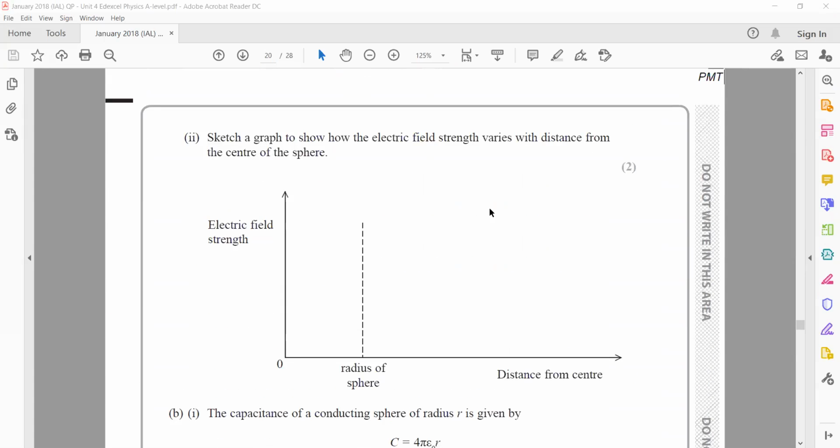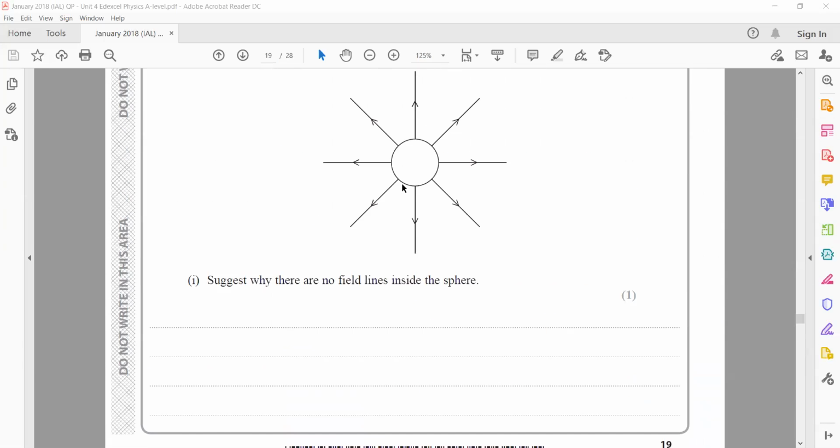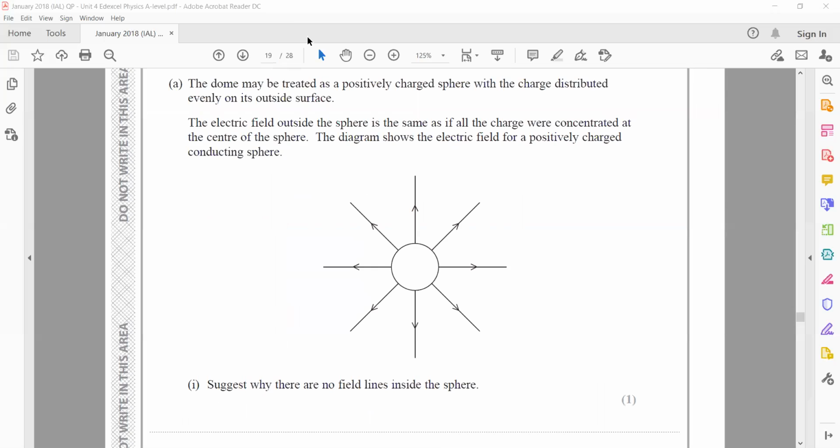Then sketch a graph to show how the electric field strength varies with the distance from the center. This is the radius. Within the sphere, up to the radius, there is no electric field. After that, the electric field will vary, and we know for a point charge the electric field is kq over r squared, so it follows the inverse square law.